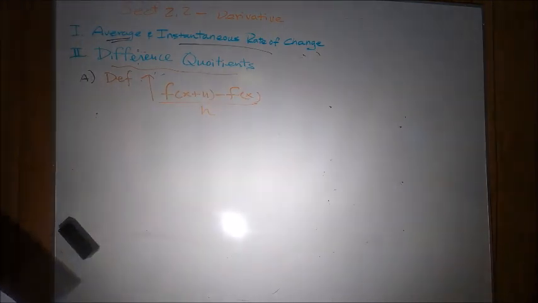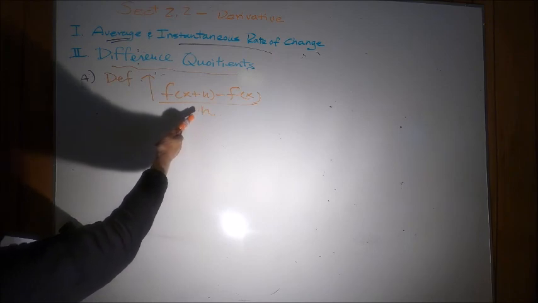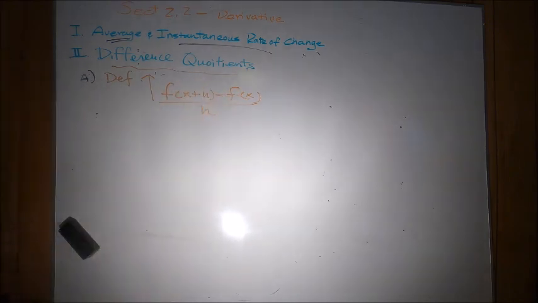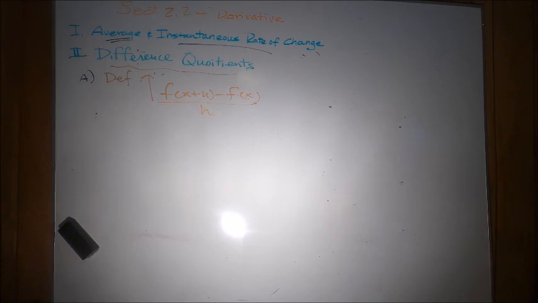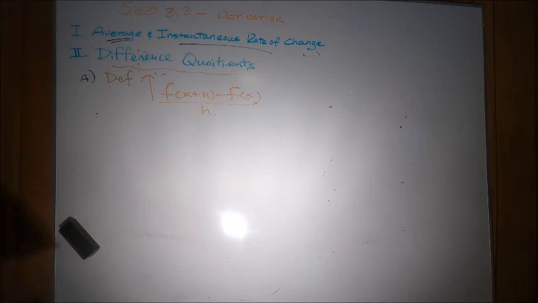Does this look familiar? Right? This is a quotient. Then this is a difference. So we are going to practice this. And this one we just talked about earlier: instantaneous rate of change and the slope of the tangent line.